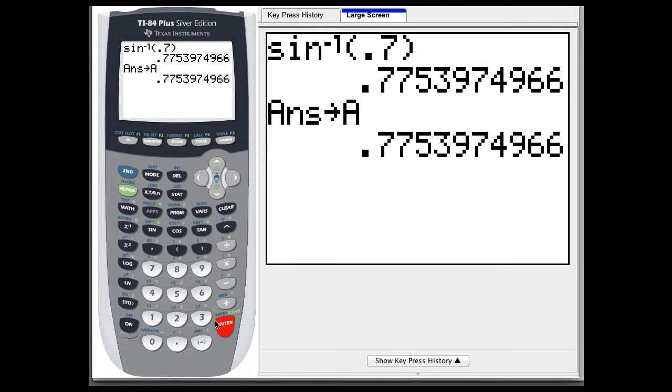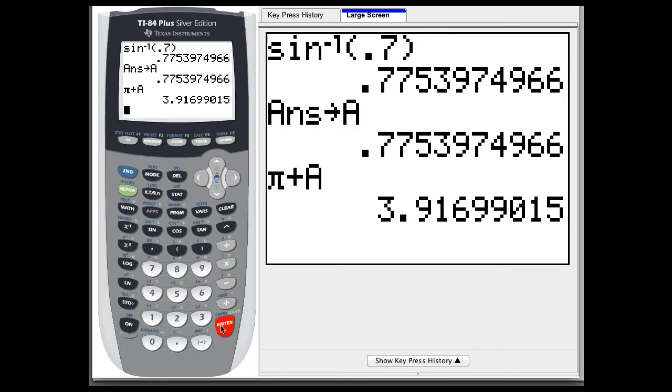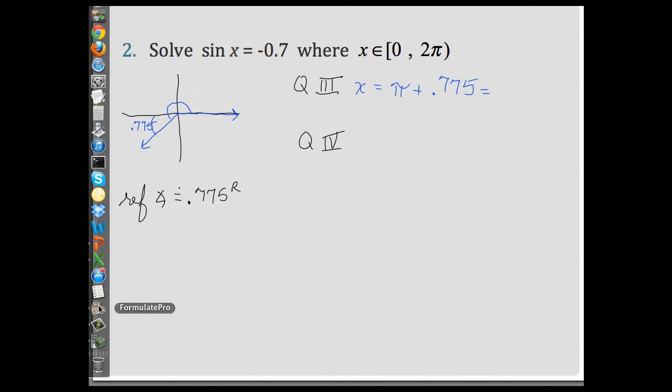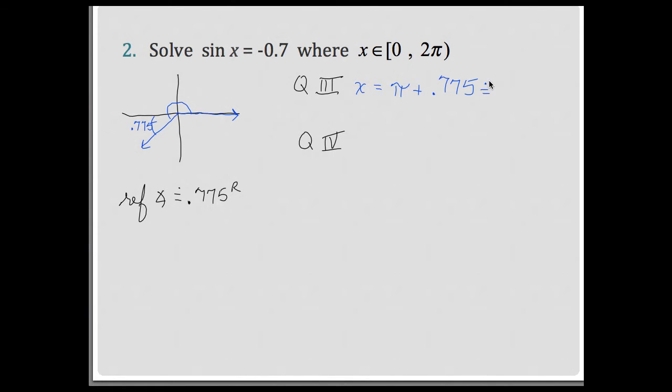We're going to do pi plus what we stored as our reference angle, and hopefully everyone gets approximately 3.917, rounding it off. So we got one answer.